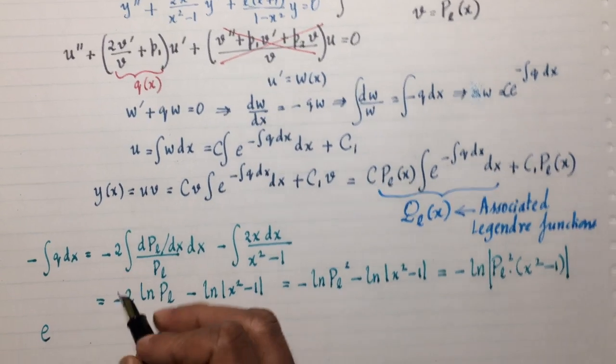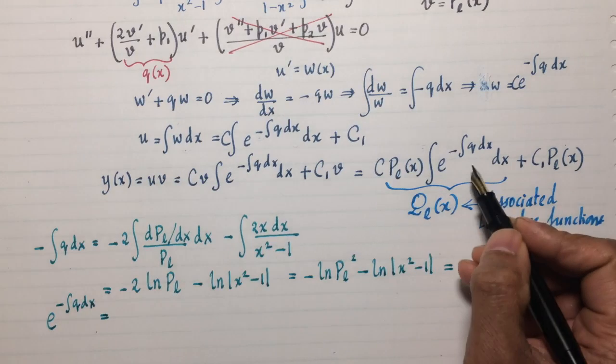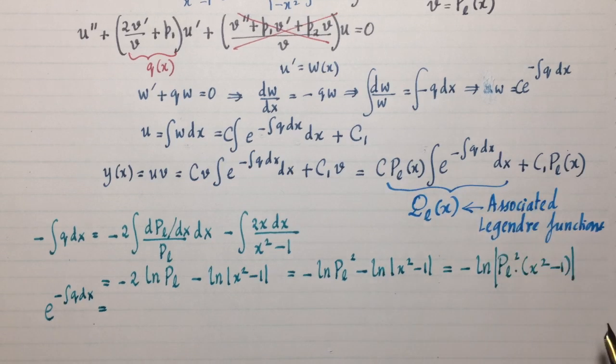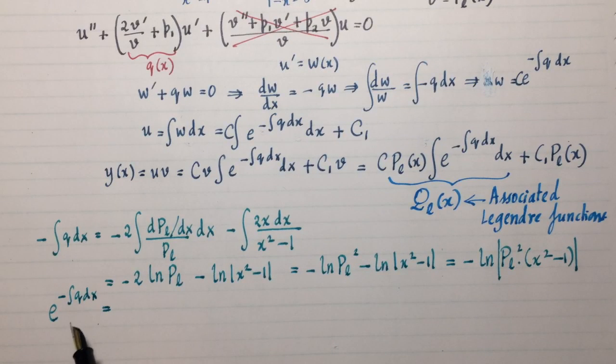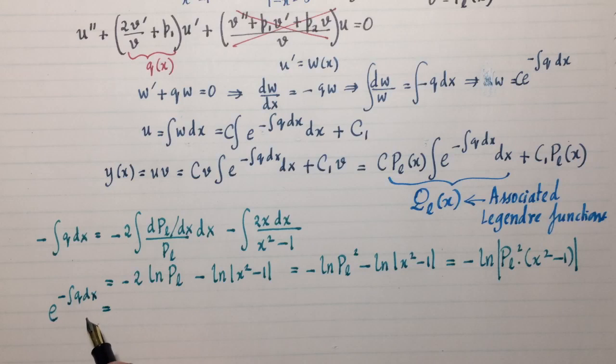So e to the power minus integral q dx is what we really need, because that's what shows up in the associated Legendre functions. So remember that exponential and natural logs are natural enemies. So when I do e to the minus, that minus cancels with this minus.